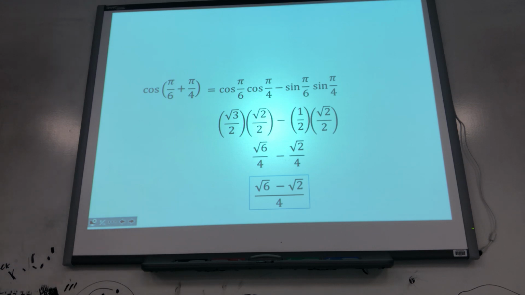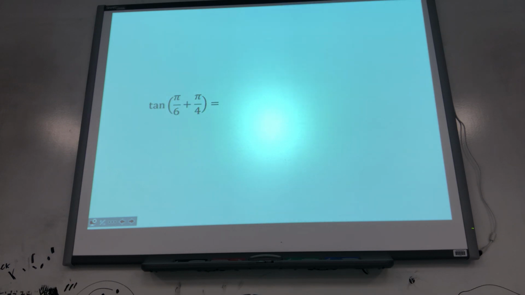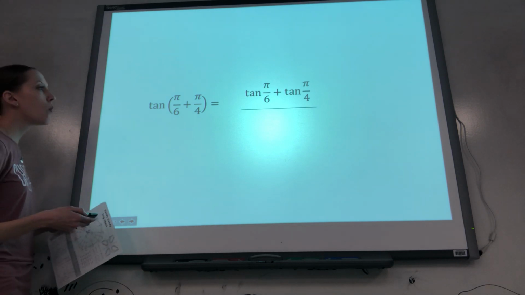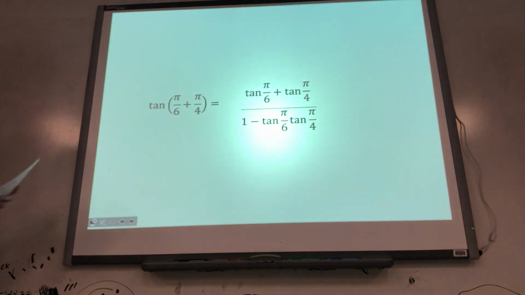Almost done here. Last one we have to do is tangent. So we're on our way. Tangent of pi over 6 plus pi over 4. Here it is. I gotta take tangent of pi over 6 plus tangent of pi over 4 all over 1 minus tangent of pi over 6 times tangent of pi over 4.